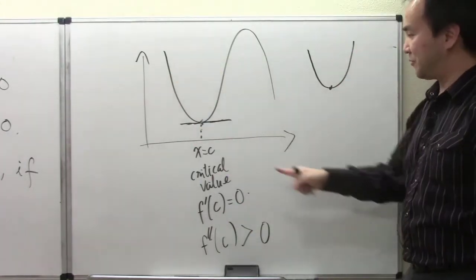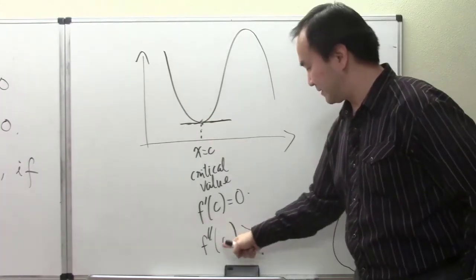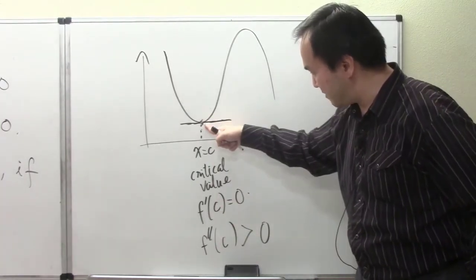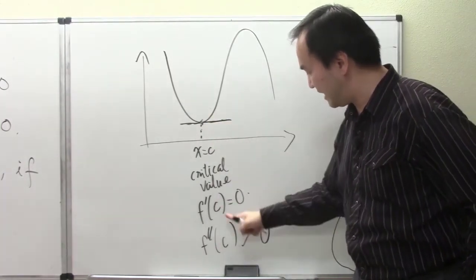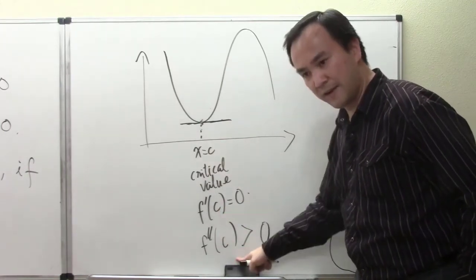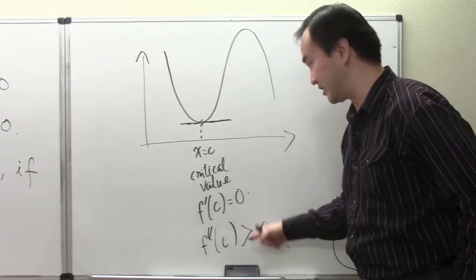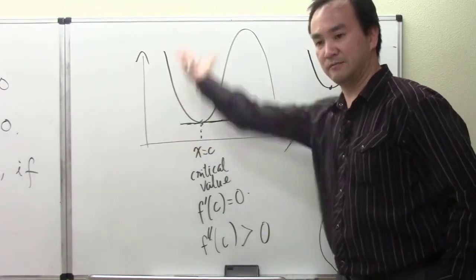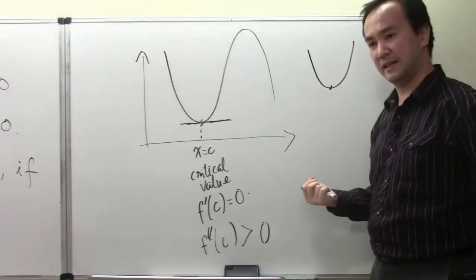So right at that critical value, we have a local minimum if f double prime at that critical value is positive, because it indicates that the point belongs to a concaving up cup.